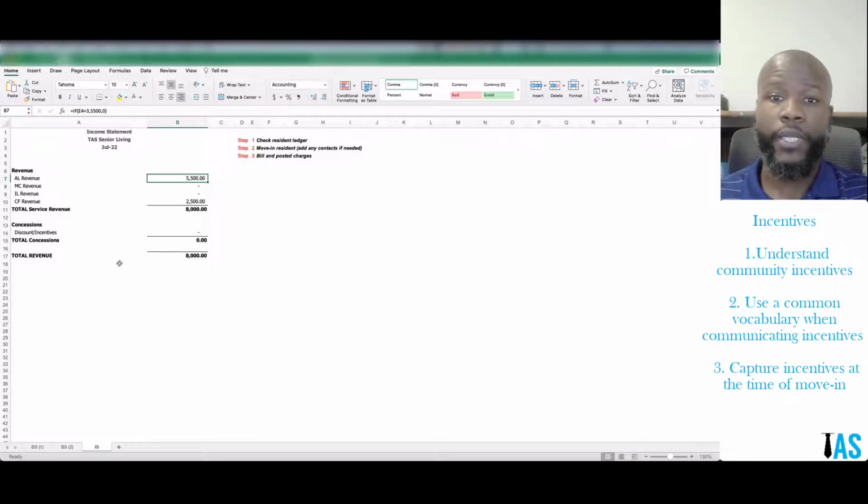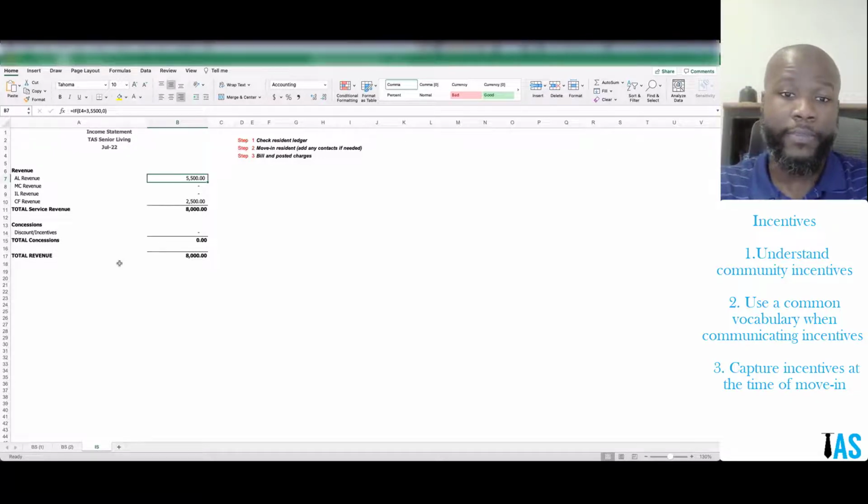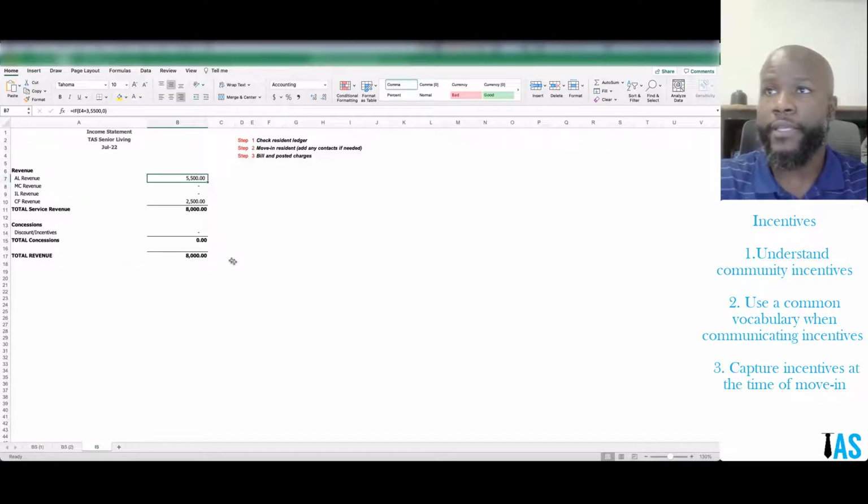You want to make sure that the lingo that's being communicated to the residents by the marketing team, you're able to interpret that, and you want to capture that at the time of moving. You do not want to put the responsibility on yourself to have to go back and remember, in 3 months this person got a concession for the rent, and so now I need to go book it in the system. Okay, so very important to know that, and I might have mentioned that in the last video.